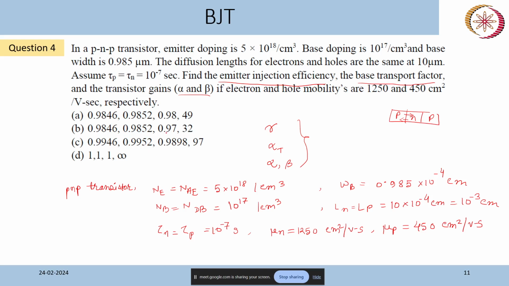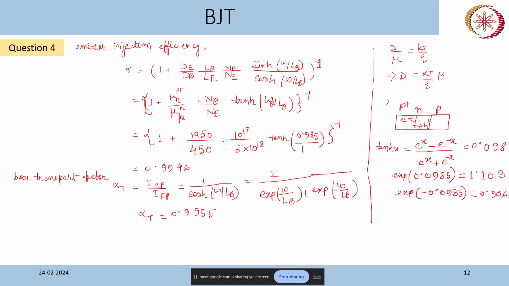Okay, let's calculate the other two values, alpha and beta. Alpha is given as alpha T into gamma. So what will be the value here?